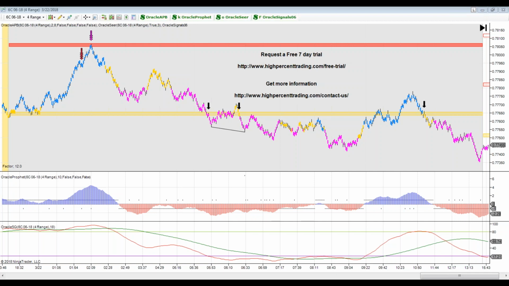What do I mean by that? Well, for example, we're only trading with the overall trend, and so far I have shown that by waiting on the trade setups, waiting on the trades that get to the bands with the trend.